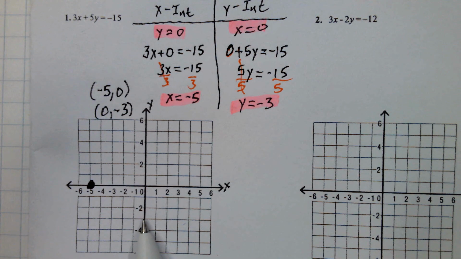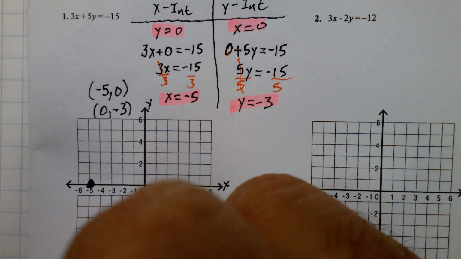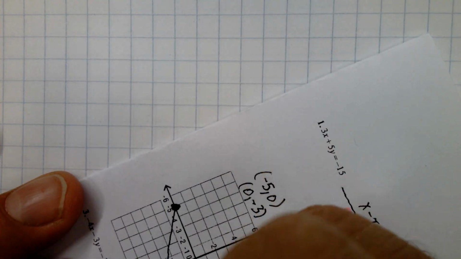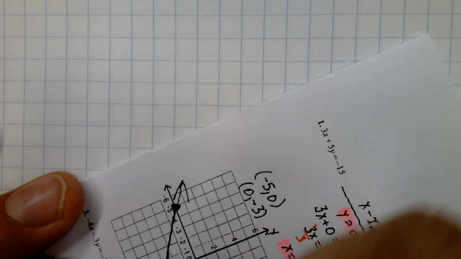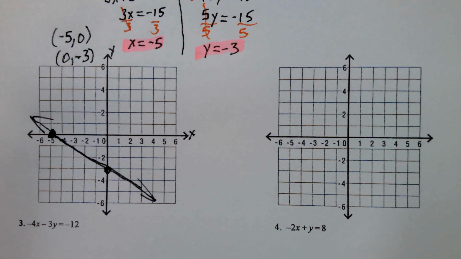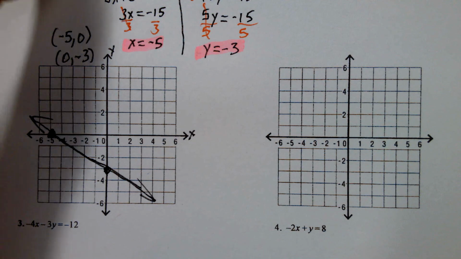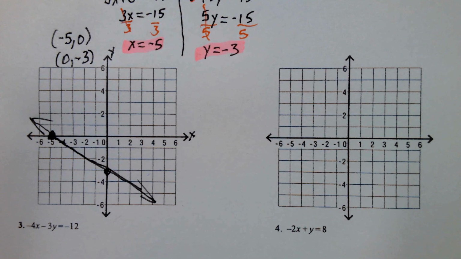Down to -3. 0, -3 would be right there. Okay? And then just as neatly as you can, we won't be doing too many of these. Most of this will be on IXL. Draw your line. Okay? This equation gives you all the solutions, and they fall on that line.